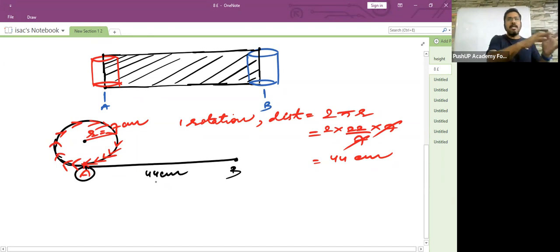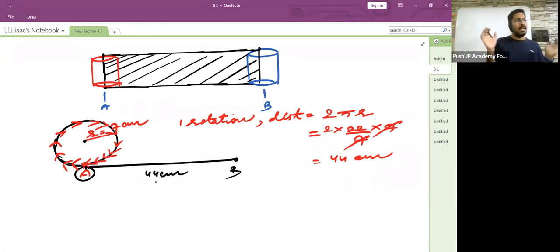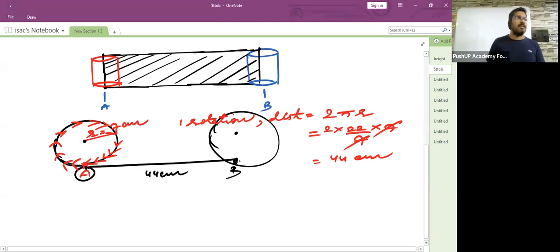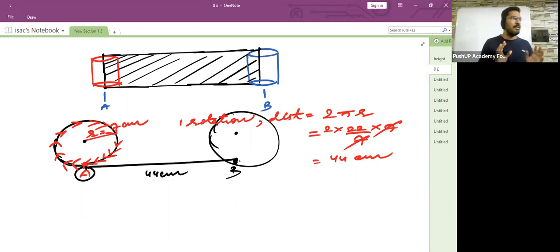That means from point A till point B, how much is the distance covered? It is 44 centimeters. So after one rotation, your wheel will be found over here, touching point B on the ground surface. Is this part clear? In one rotation, the distance covered by the wheel is 44 centimeters. Now, is it clear? Fine.